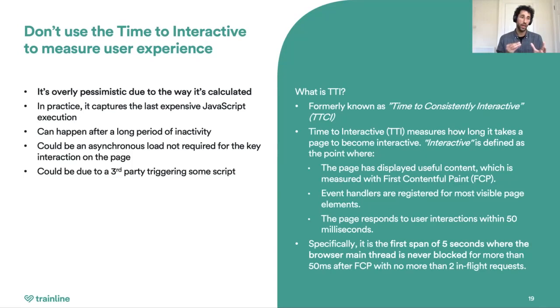The trick with the TTI is that if there's ever an asynchronous operation happening in the background, well, it's still running, even though you don't really care, because your search widget is already there, loaded, and the customer is already able to interact with it. So it doesn't really matter, actually. So this is how we went to dropping that metric and focusing more on the page ready metrics.